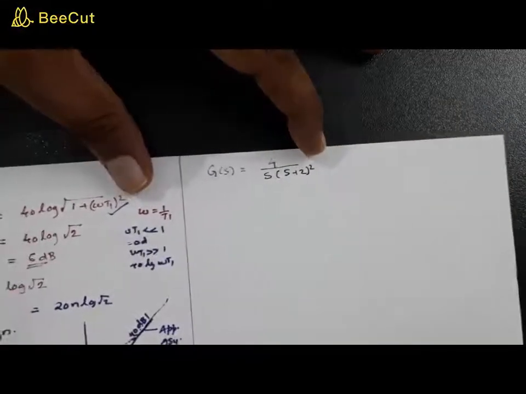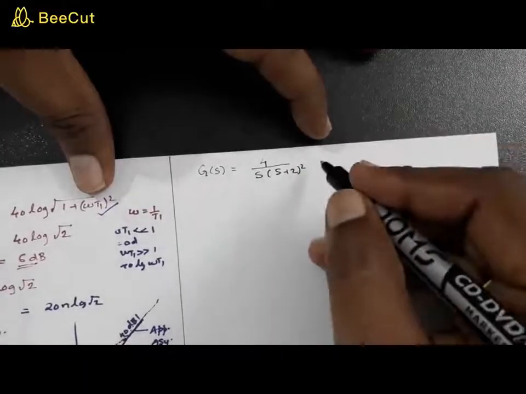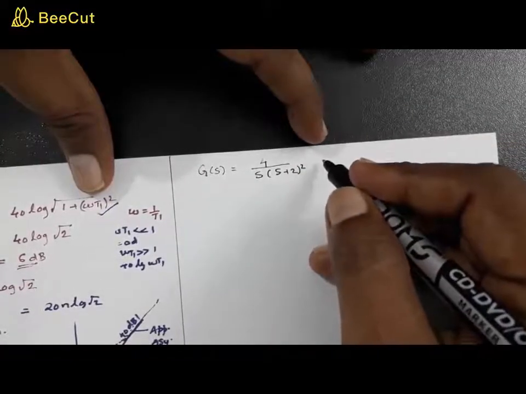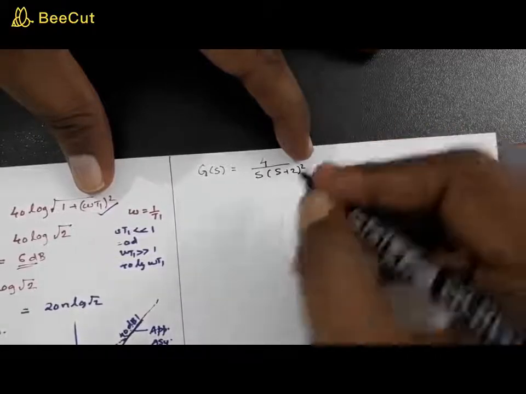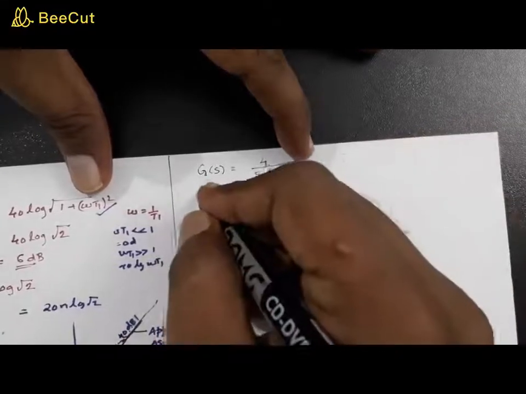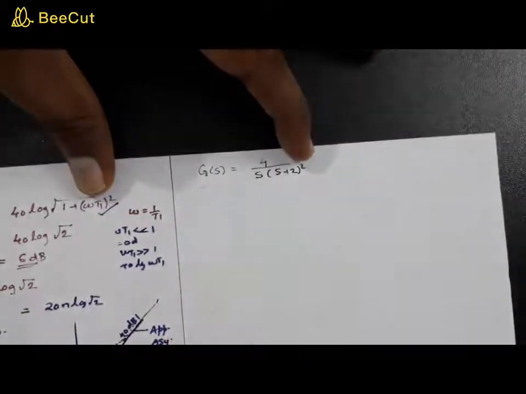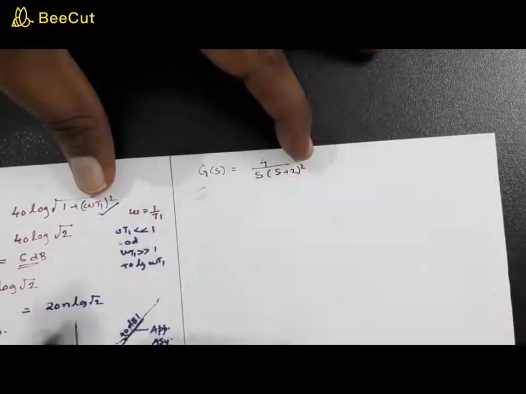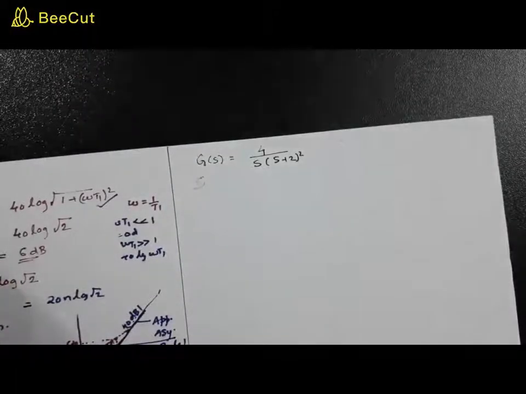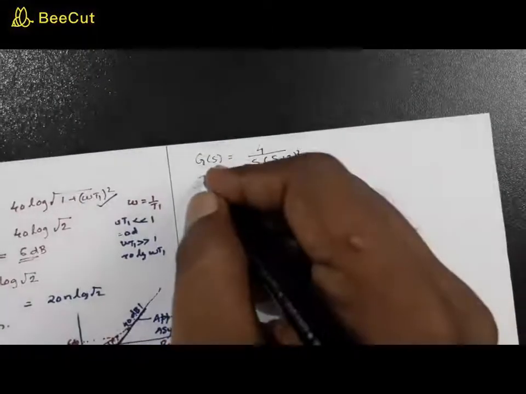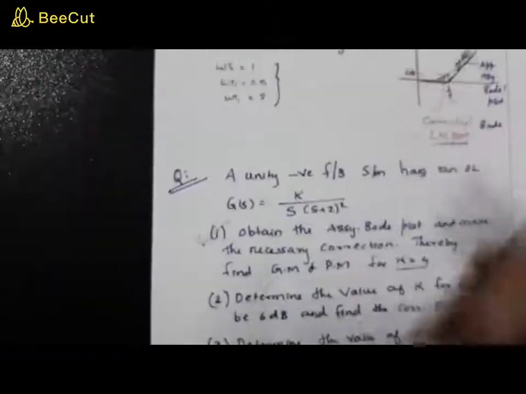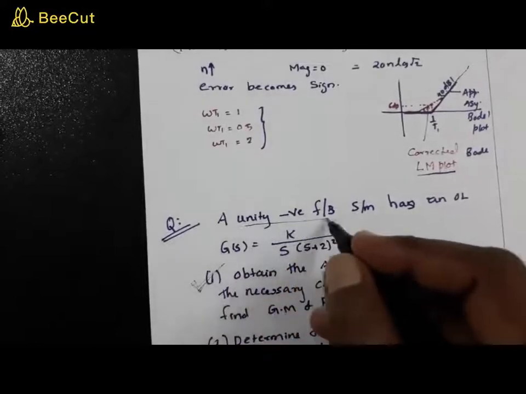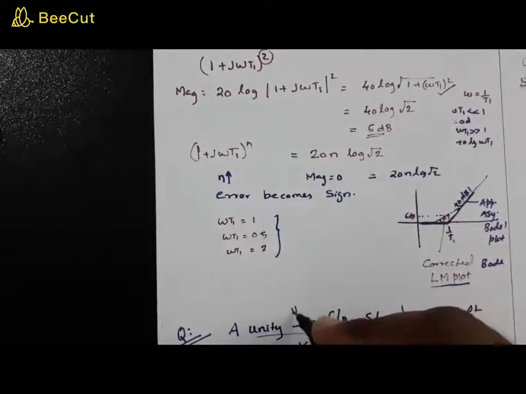This is your open loop transfer function. Now what you need is a sinusoidal transfer function. For that, put s is equal to j omega. There is no H(s) because it is a unity negative feedback system, so H(s) equals 1.